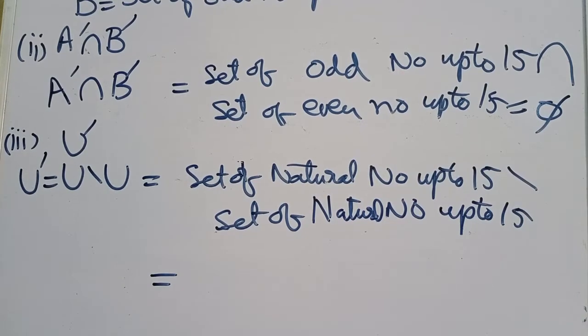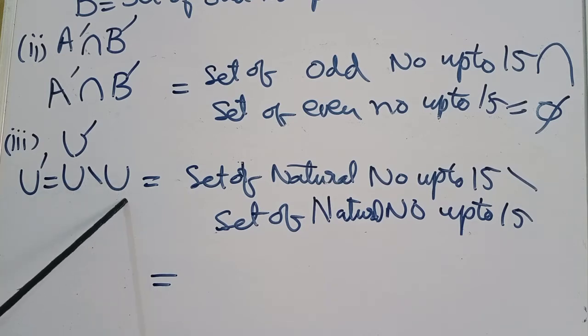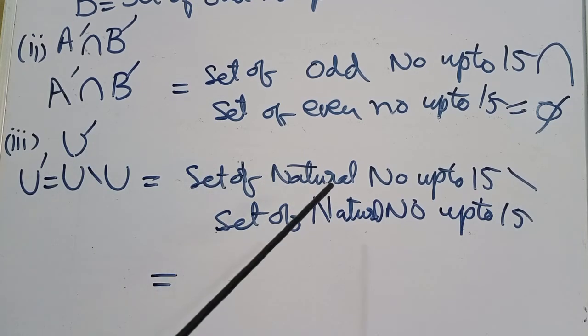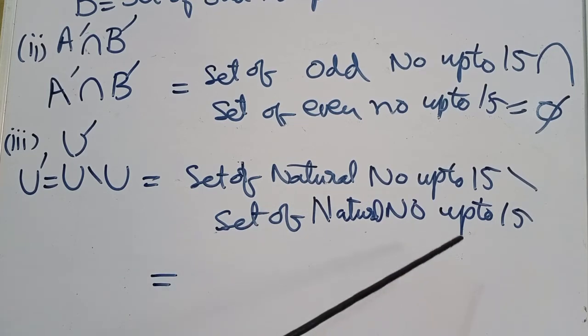Similarly, third part, complement of universal set. Complement of universal set means universal set minus universal set. We write both sets, set of natural numbers up to 15 minus set of natural numbers up to 15.